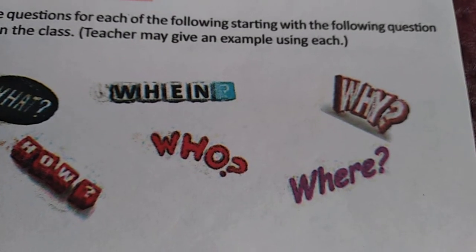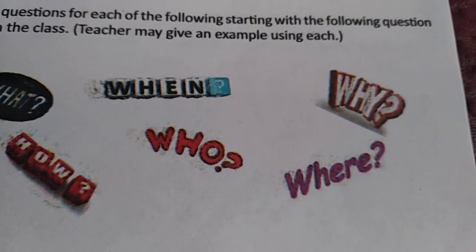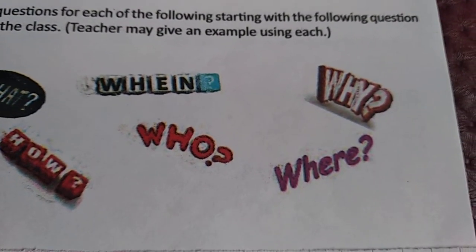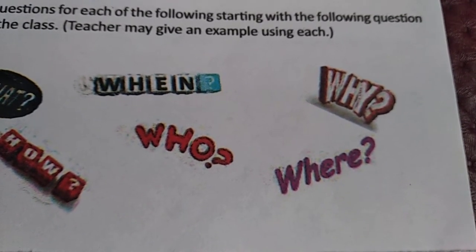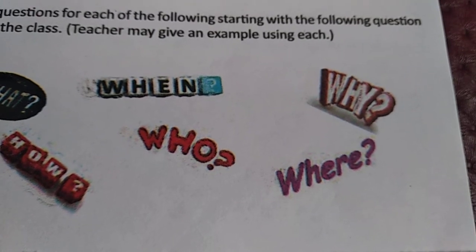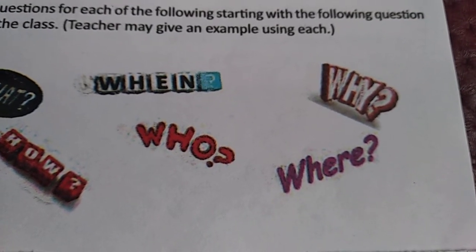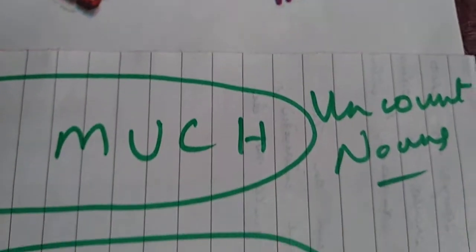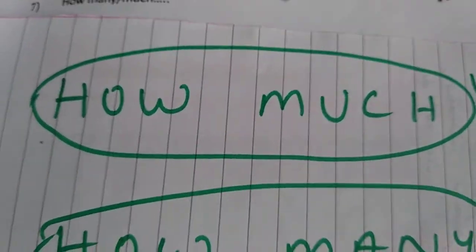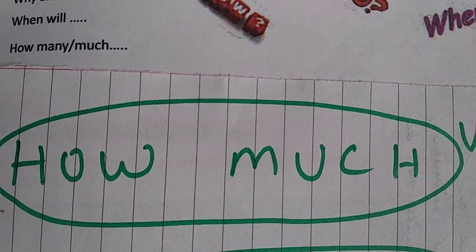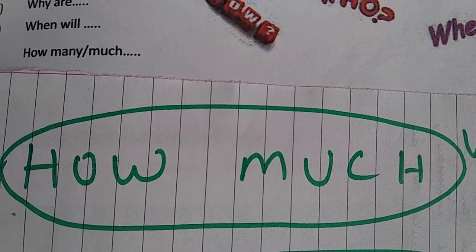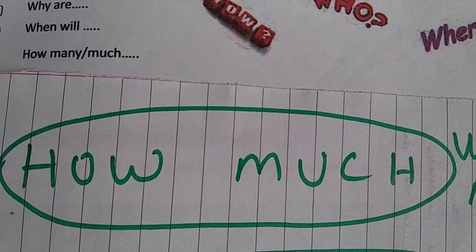Do you know where Jim lives? You get an answer. Jim lives in such and such a place, in Delhi, in Mumbai, etc. So when you expect an answer, then it becomes a question word. Now, look here. How much and how many? How much is used for uncount nouns.